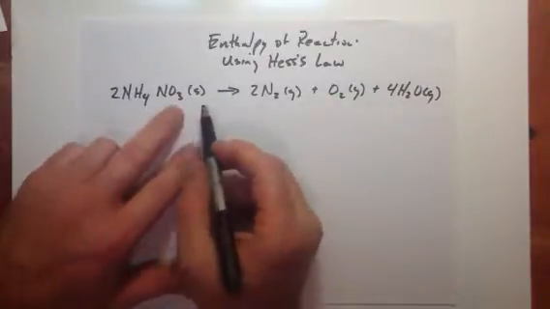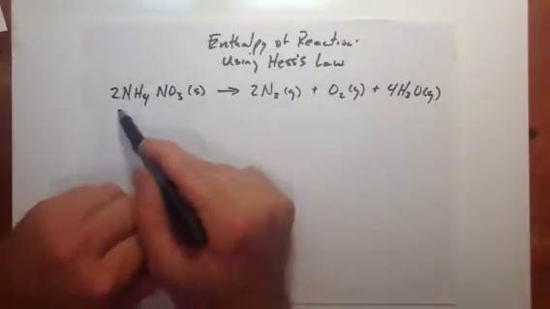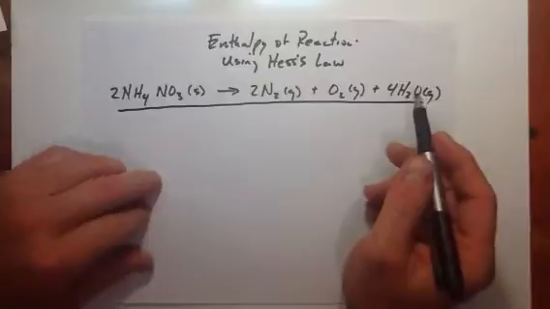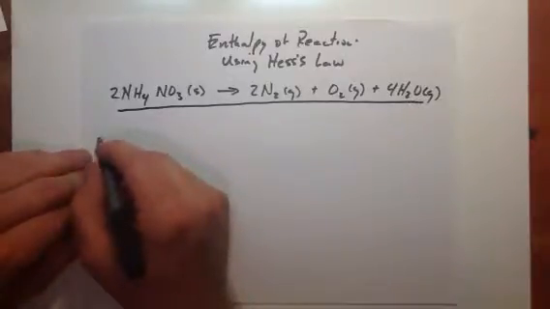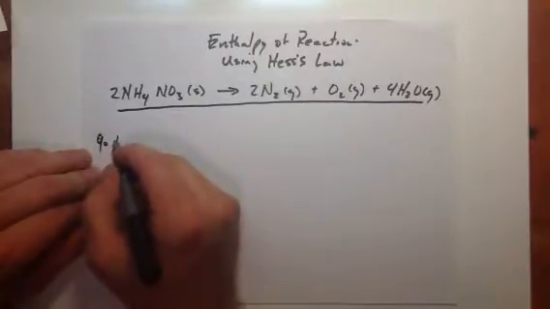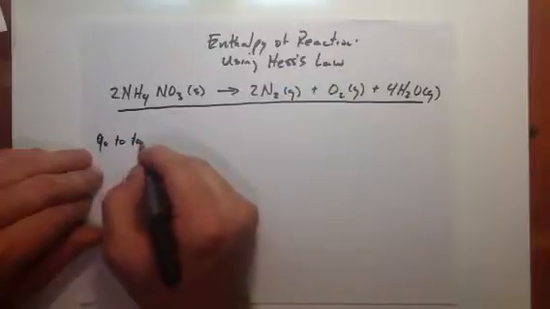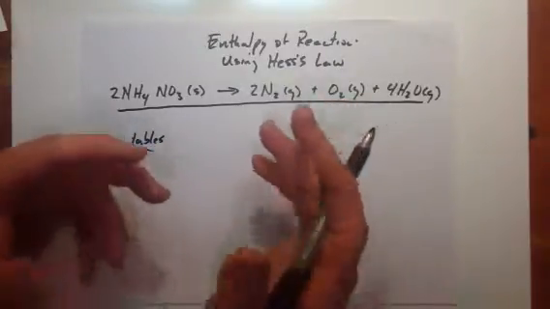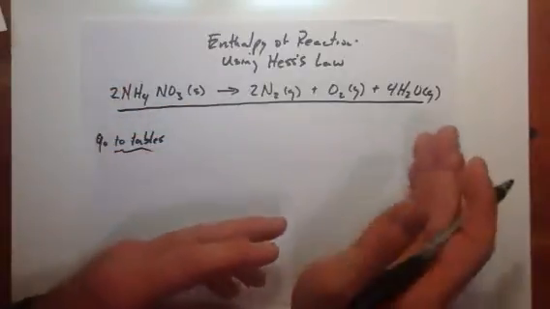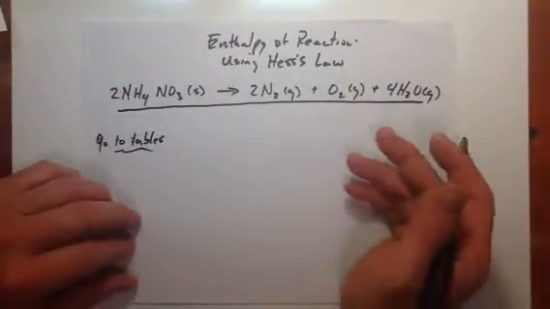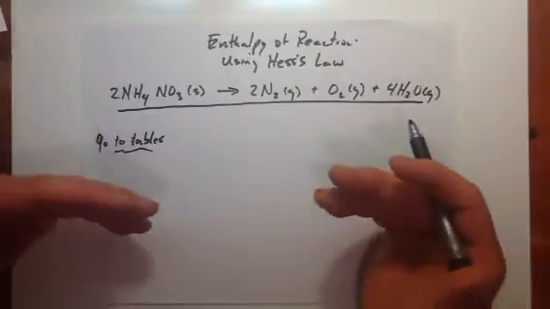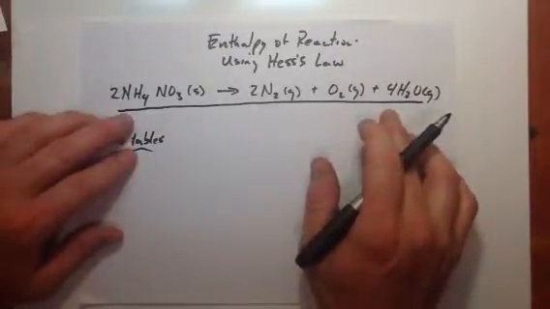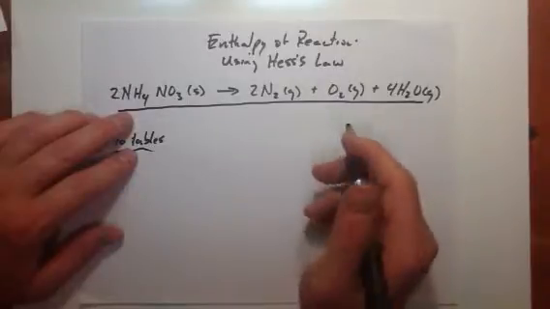If we wanted to know the enthalpy of reaction for this particular reaction, we could go to the lab, or we can go to tables where they have reported heats of formation for particular reactions, usually from elements to compounds, and indirectly build this particular reaction. So I'd like to show how we can do that.